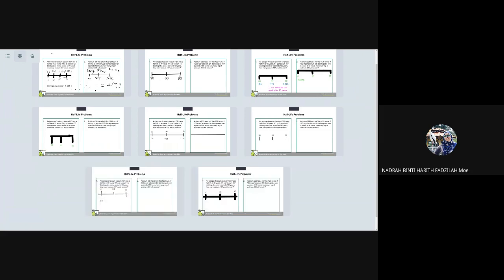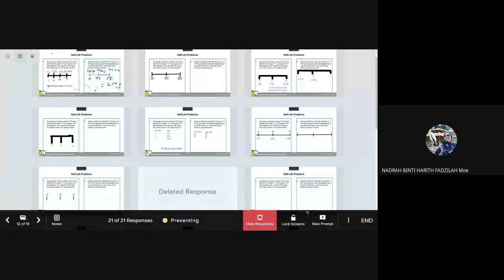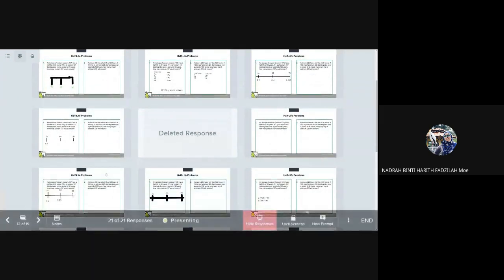Some of you use the timeline method, ada juga yang gunakan table method, tak ada masalah. Both help you to get the answer. Yes, I agree with you. If you get the answer 0.125 gram, that is a correct answer ya. Okay, jangan lupa tulis unit.